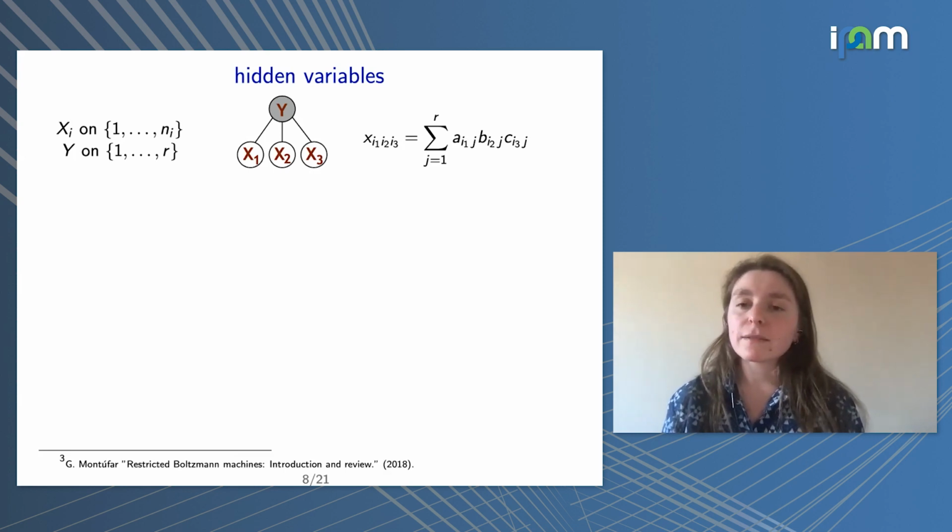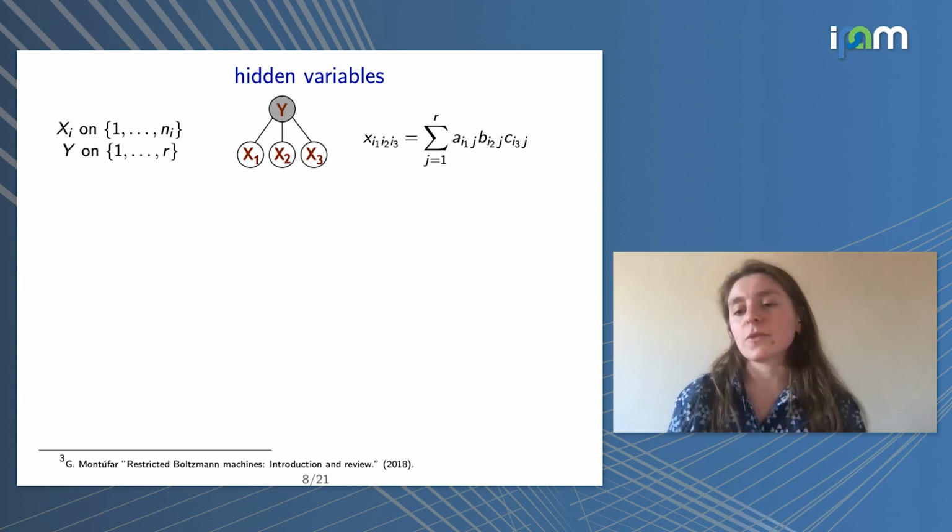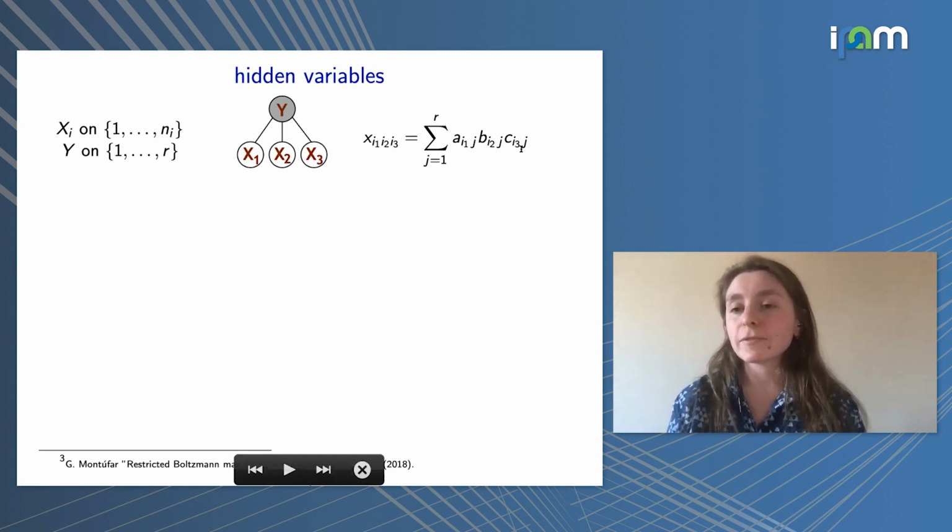Okay, but it's not a usual rank r decomposition because we require that the factors are also interpretable as tensors of probabilities, or in this case, matrices of probabilities. So we want all the numbers that appear in this sum to be non-negative.